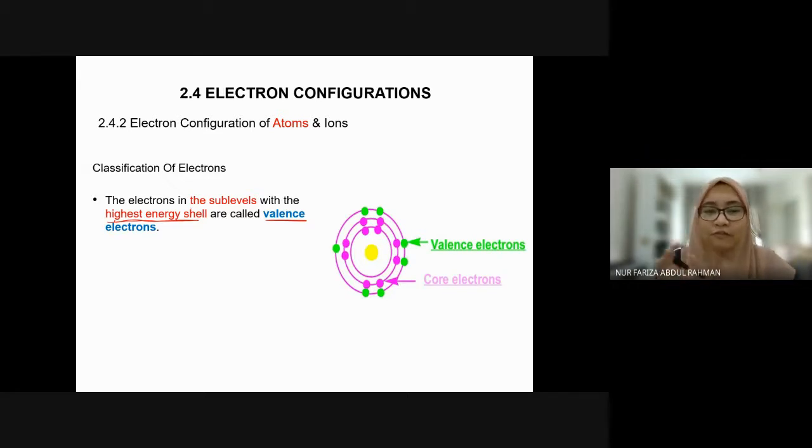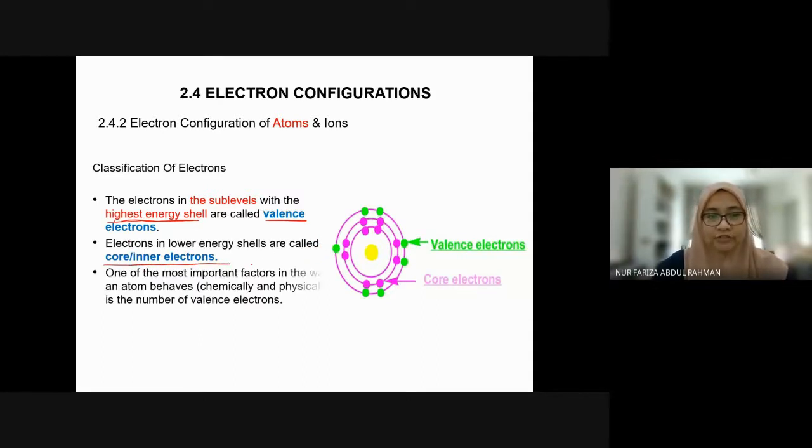Opposite to valence, we have inner electrons, or core electrons. Electrons in lower energy shells are called core or inner electrons.